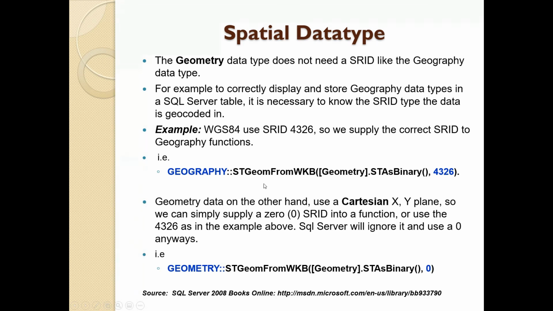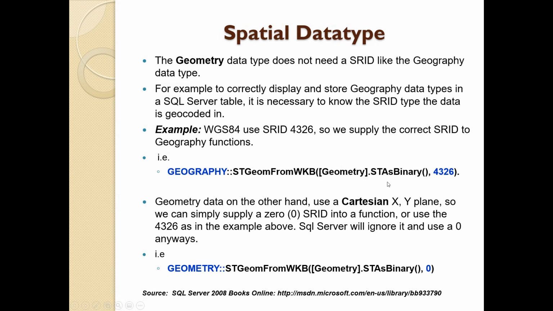So here you can see the geography version, STGeomFromWKB, from well-known binary. You're passing in a geometry shape, and you're converting it into a geography shape by using this particular function. In the CLR objects, you do that by using these two colons, okay? So geography, colon, colon, and then the function here.